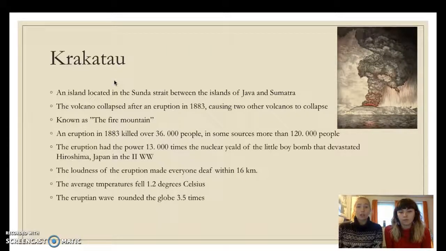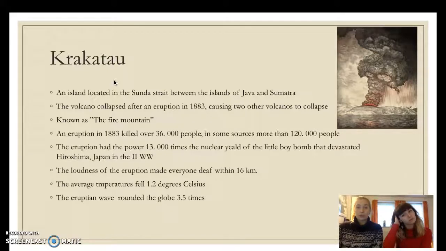An eruption in 1883 killed over 36,000 people, but in some sources it is said that it killed more than 120,000 people because of the power of the eruptions and the tsunamis caused by the eruptions. The eruption had the power of 13 times the nuclear yield of the Little Boy bomb that devastated Hiroshima, Japan in the Second World War.